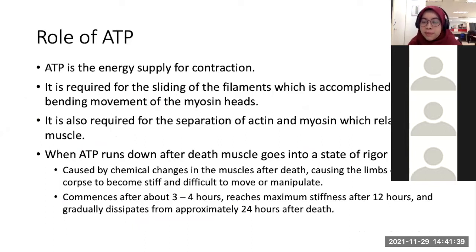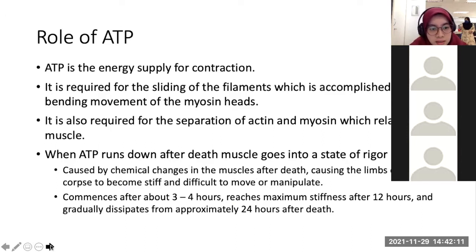ATP allows the movement, but it also allows the relaxation to occur when it detaches the myosin head from the actin filament. That's why after death, ATP runs down and the muscle goes into a state of rigor mortis. This is caused by the chemical changes in the muscles after death, causing the limbs to become stiff and difficult to move.